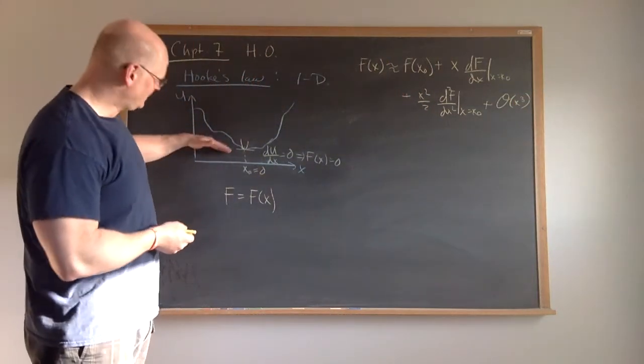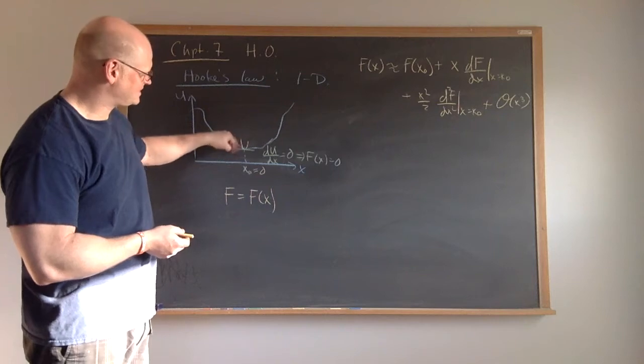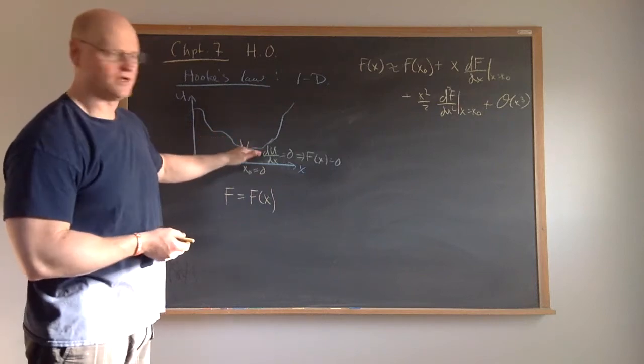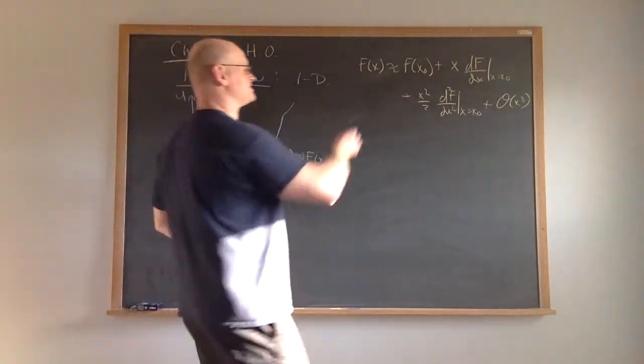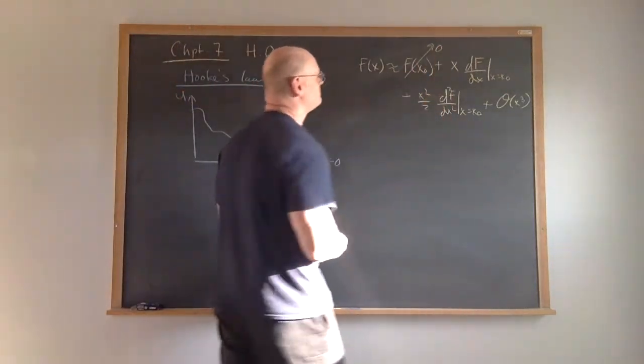Since this is the stable equilibrium position, the derivative of the potential has to be equal to 0, so the force has to be equal to 0, which means this first term is simply equal to 0.